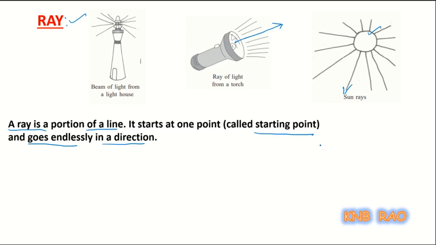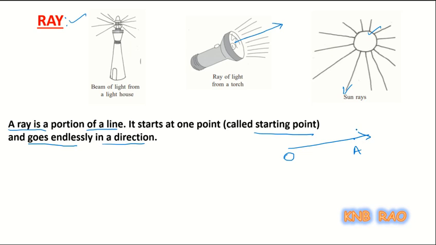Similarly, there is one point and, endlessly from that starting point, in one direction I have an extension going on. So this is a ray.